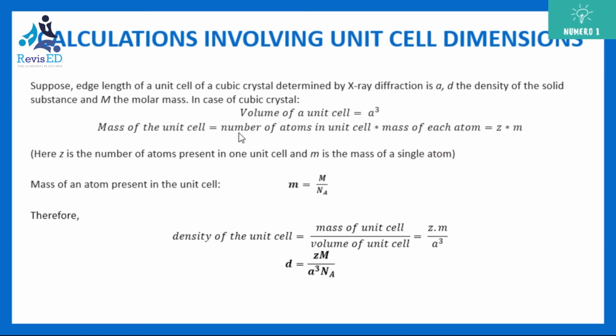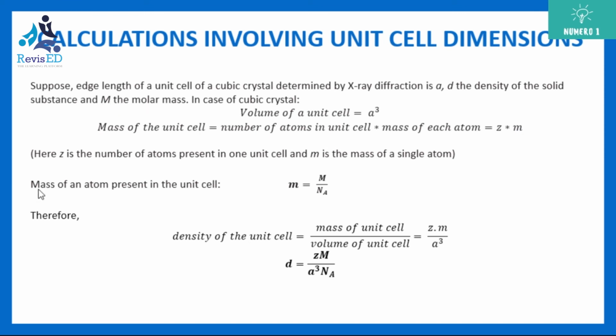For simple cubic, the number of atoms present inside is 1. In case of BCC, it is 2. In case of HCP, CCP, FCC, it is 4. So that's why we are taking Z and into mass of each atom. This is the mass of one single atom, whereas M is the molar mass.